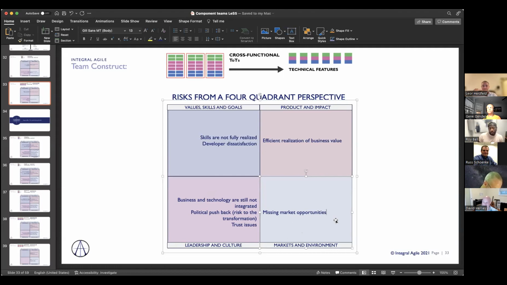This hits a lot of quadrants. If you have a tool, but there is not a culture of transparency, then that tool becomes full of useless information. And if you have a culture of transparency, you can't have that without something in the upper left. Courage is definitely, in my experience, required for transparency.